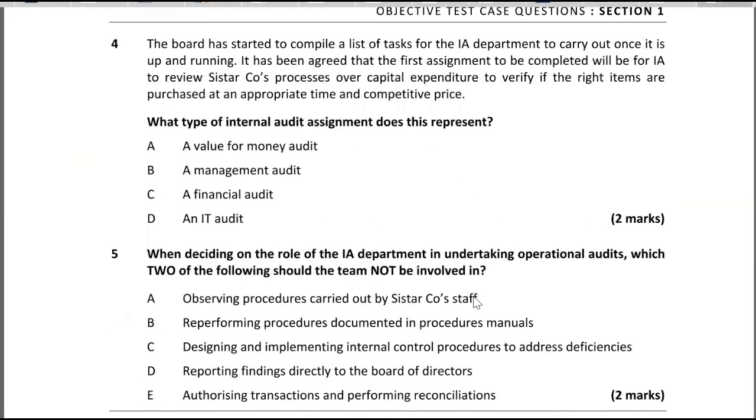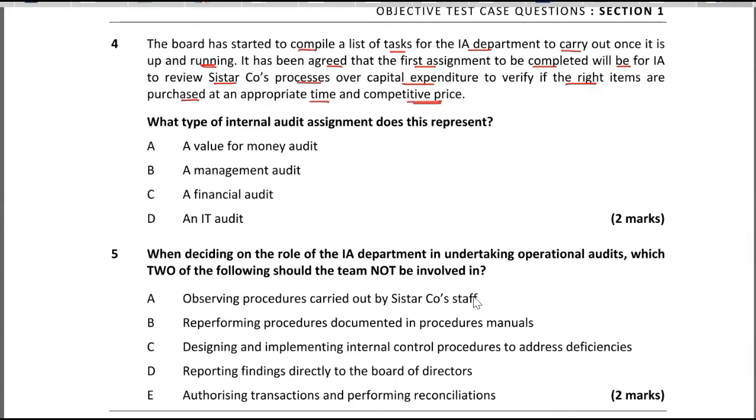Now the question number 4. The board has started to compile a list of tasks for the internal audit department to carry out once it is up and running. It has been agreed that the first assignment to be completed will be for internal audit to review sister company processes over capital expenditure to verify if the right items are purchased at appropriate time and the competitive price.